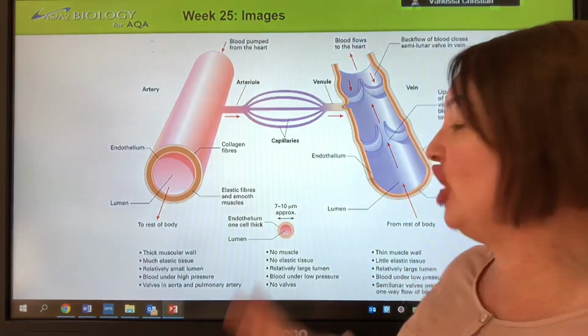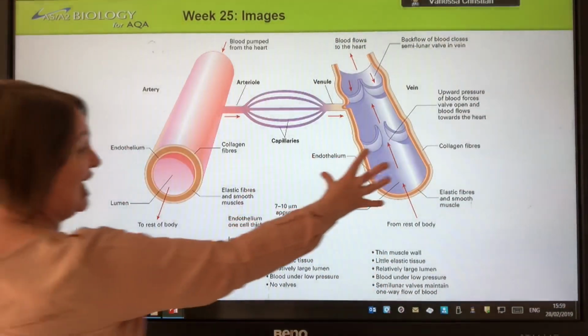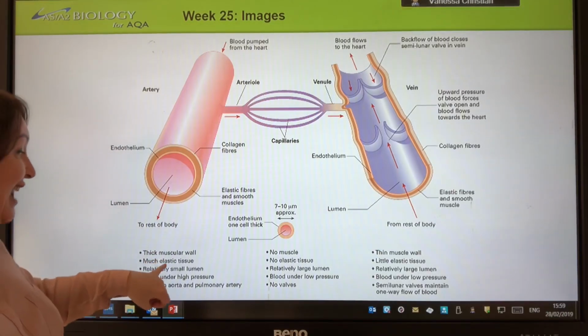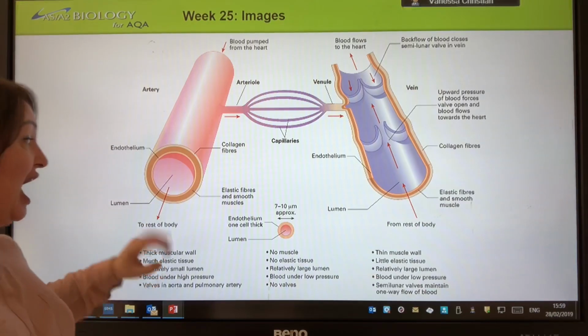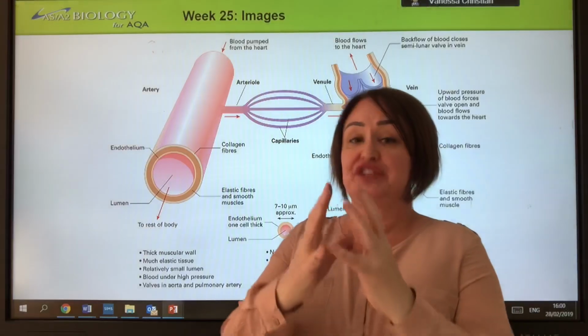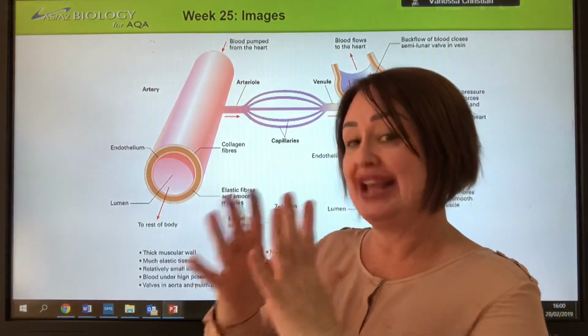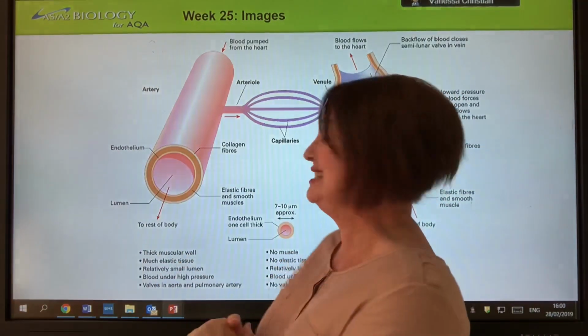And here is a summary of those differences between an artery and a vein. So you will see we have got an elastic muscular wall here. And the reason why it's elastic is so that it can recoil after the pressure of a heartbeat. And the reason why it's muscular is so that it can withstand the pressure of the blood within the vessel itself.